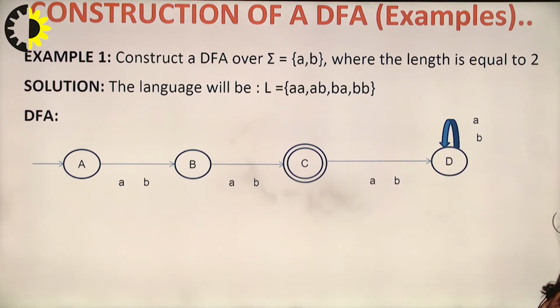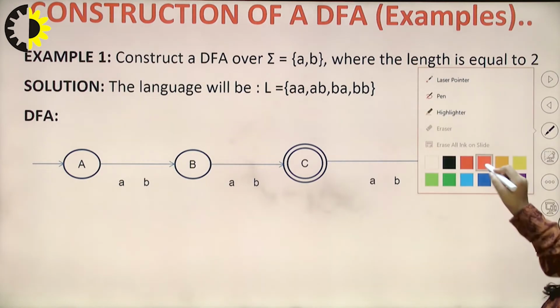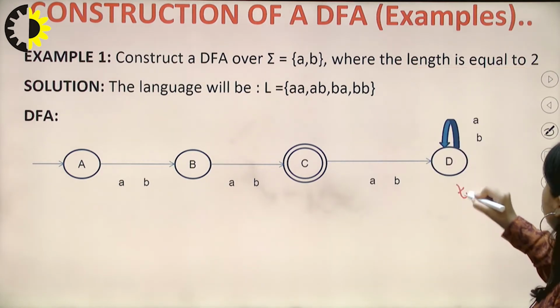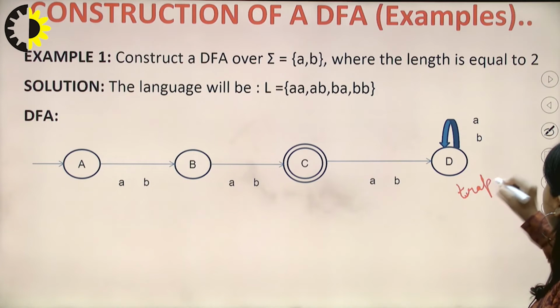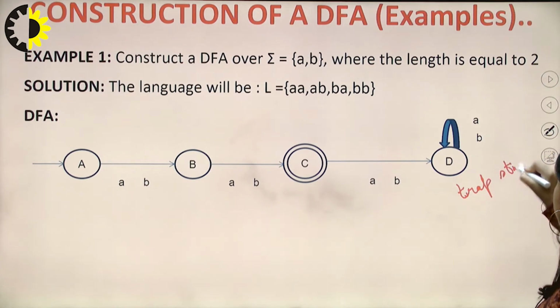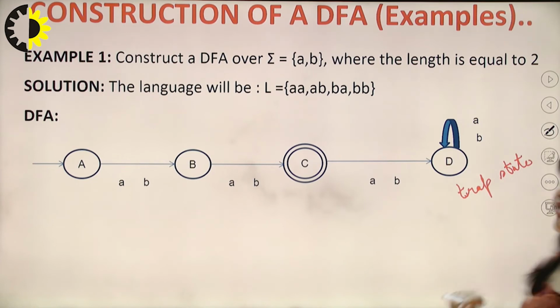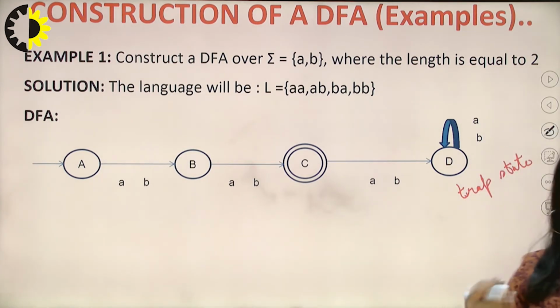First of all, this is the trap state, and this is for where length is equal to 2.